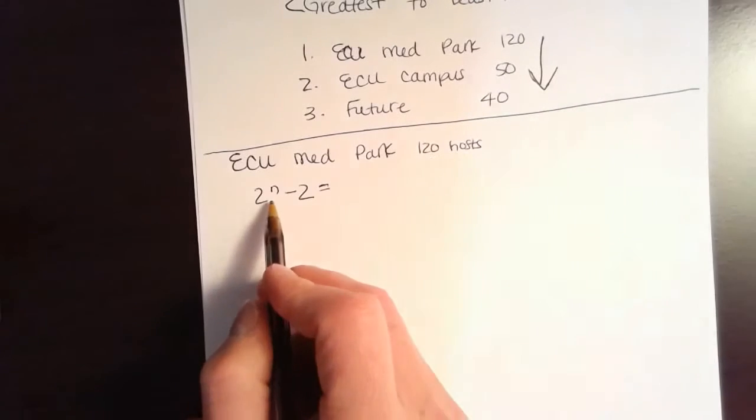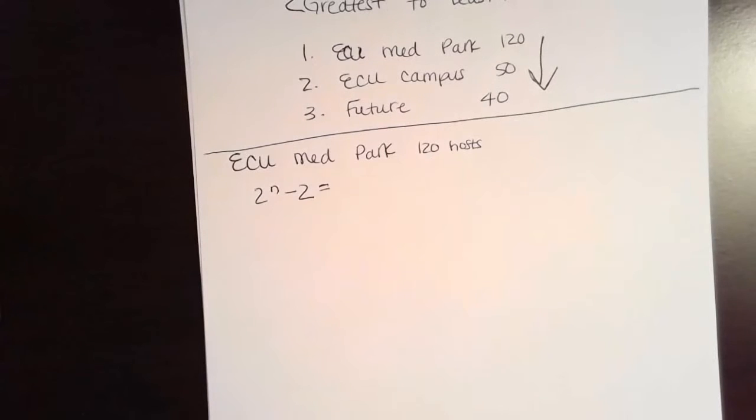So if we do our formula, you can plug in whatever exponent. You can start low and work your way through it. You don't have to memorize these. It's just plugging in different values. If we borrowed 6, 2 to the 6th power would be 64 minus 2, which is only 62.